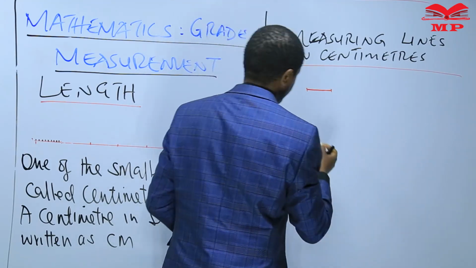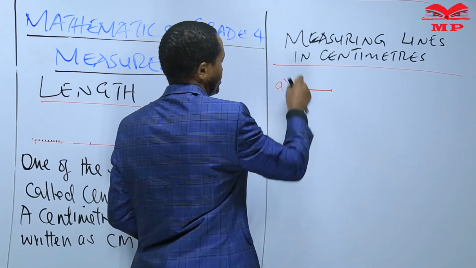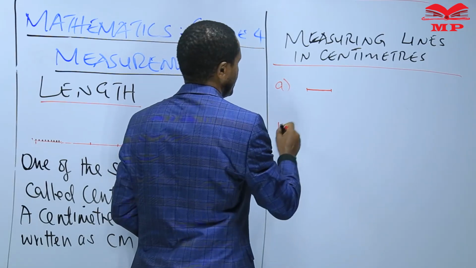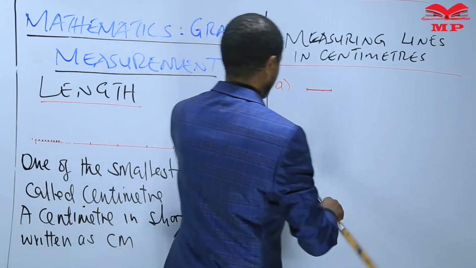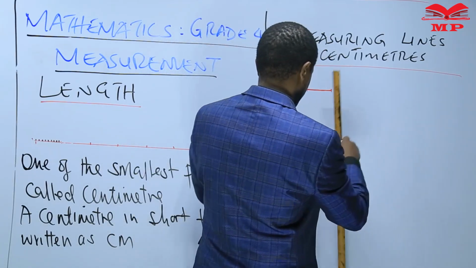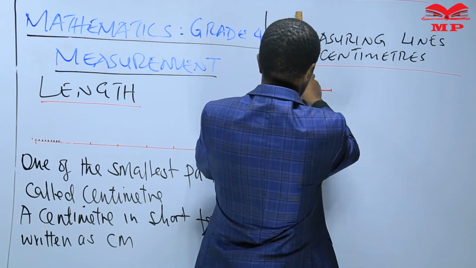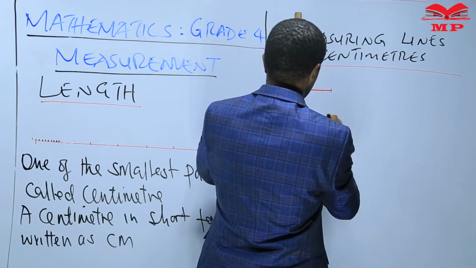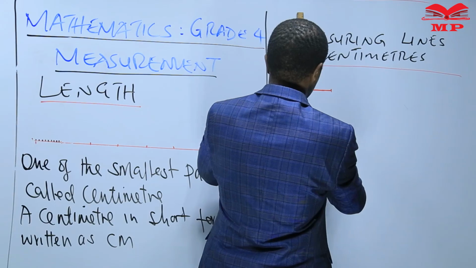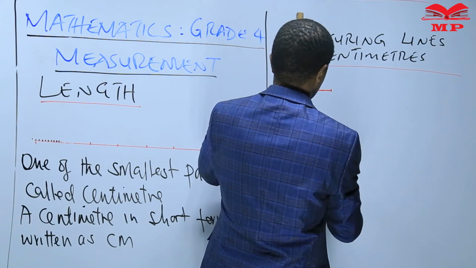This is A. Then B, I have this line from this point to that point.